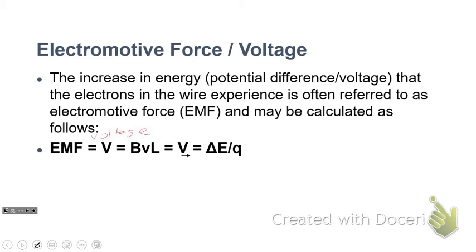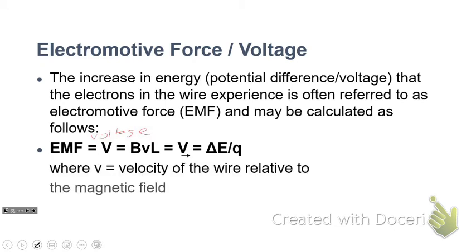Or you can get delta E over Q, the change in energy over Q. So if it asks you for the electromotive force, you should just automatically think Q for V. And that's going to be voltage, right? So electromotive force is in voltage, okay?